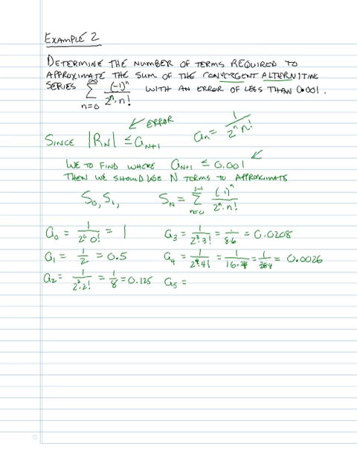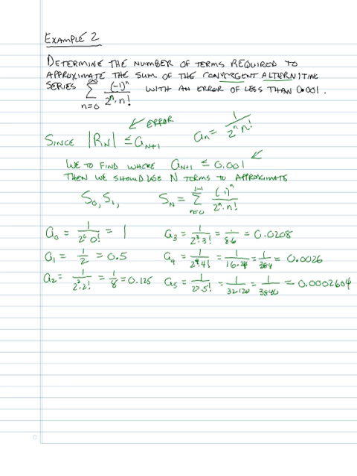Well, a sub 5 is 1 over 2 to the 5th times 5 factorial. And that's 1 over 32 times 120. And that's 1 over 3,840. And that is equal to 0.0002604. I was looking at my calculator.